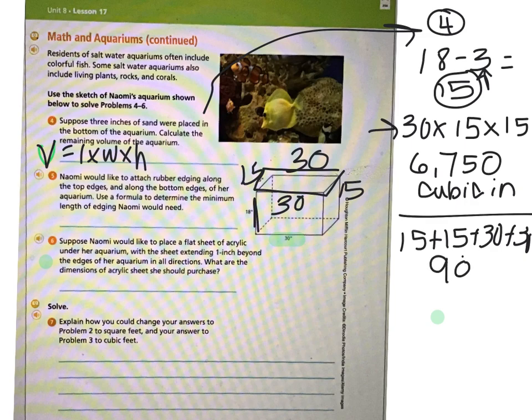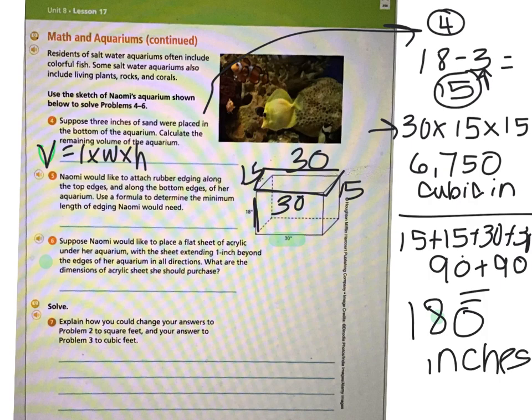But we have the top and the bottom, so that's another 90, which then the total perimeter would be 90 plus 90, which would equal 180 inches. Remember, this is only one side, so it's one dimension. So your answer would be 180 inches, or you can put it into 15 feet, okay?